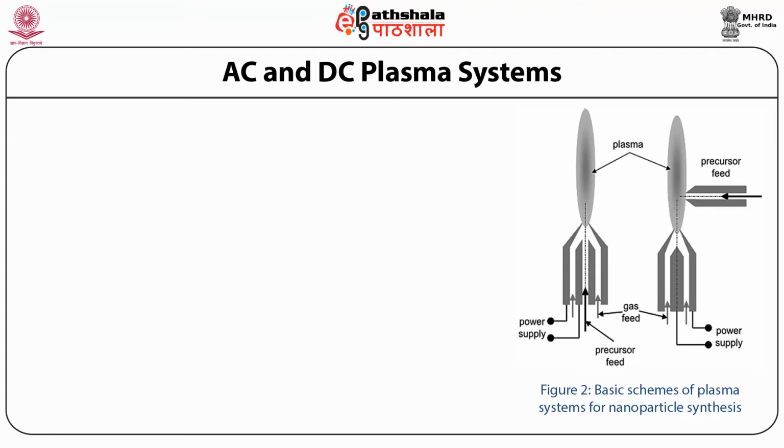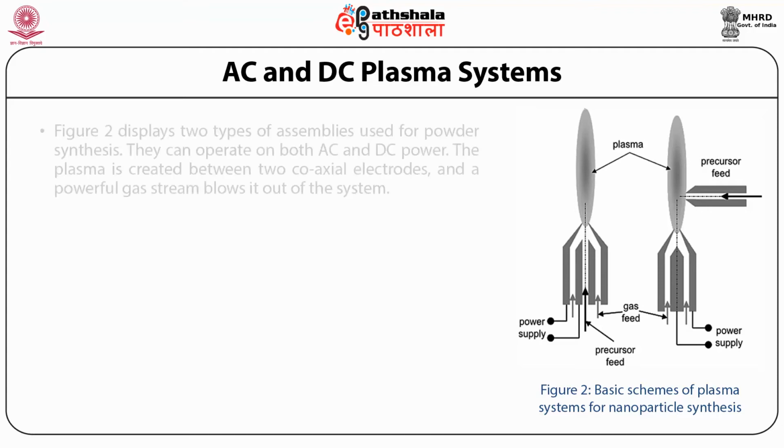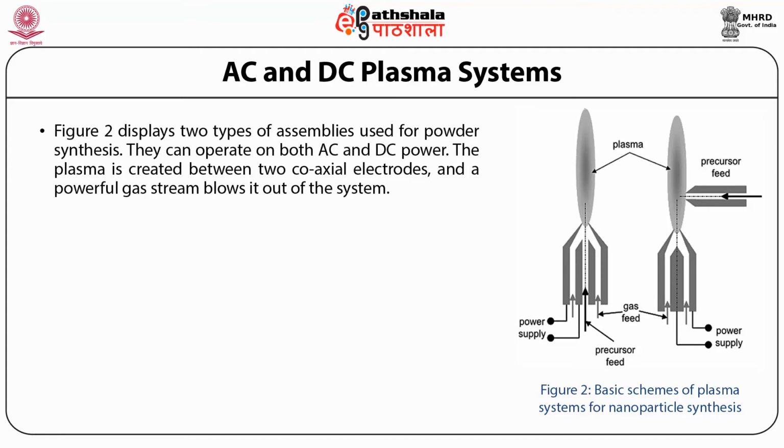Energy distribution in these plasma systems is typically close to thermal equilibrium. The figure displays two types of assemblies which are used for powder synthesis. They can operate on both AC and DC power.